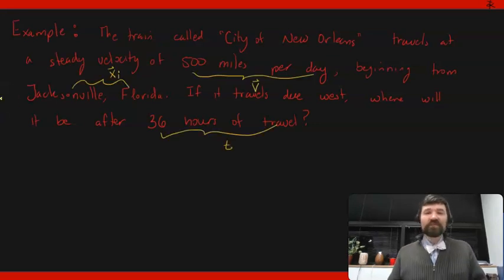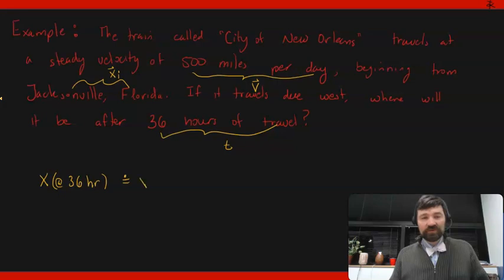All right, in this problem we've been given a velocity, a time, and an initial position. We're looking for a final position, or in other words, an x at this time t. So x at 36 hours, which I'm going to represent just simply as x final. And that is x initial plus velocity times time.